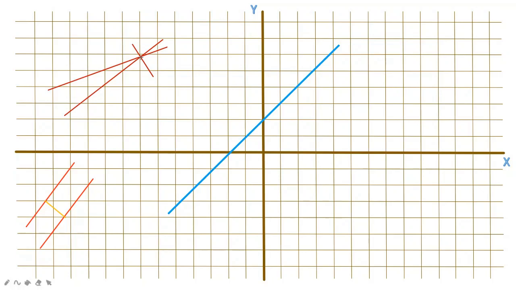So there is no logic in finding the distance between two intersecting or non-parallel lines. Any lines that are not parallel will intersect at some point or the other. So when we find the distance between two lines, we usually find the distance between two parallel lines.